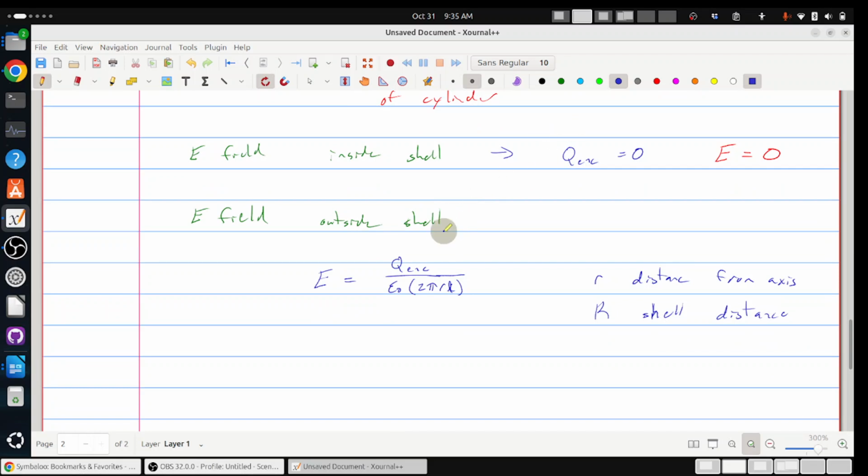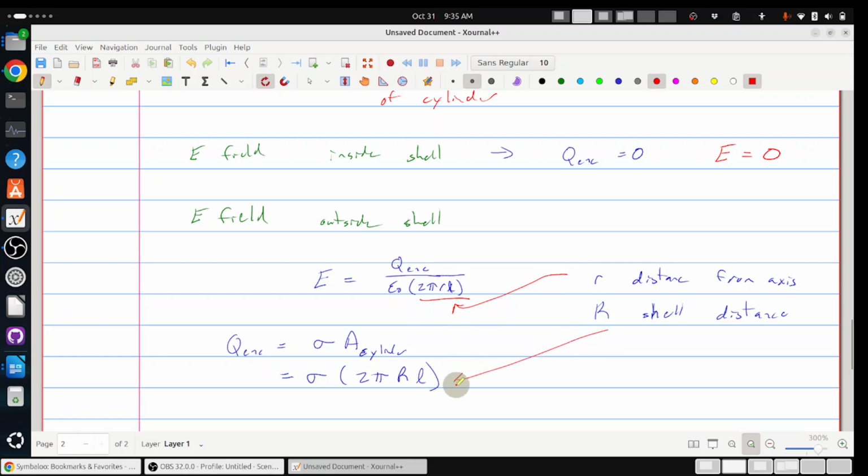So since we have a charge enclosed spread out over a surface, that is going to be sigma times the area of the cylinder. But we have to be careful specifying here, because the area of the cylinder is 2 pi capital R L. So this is the area of the Gaussian.